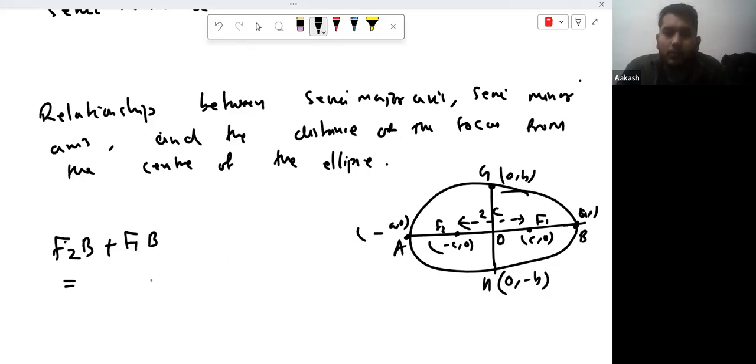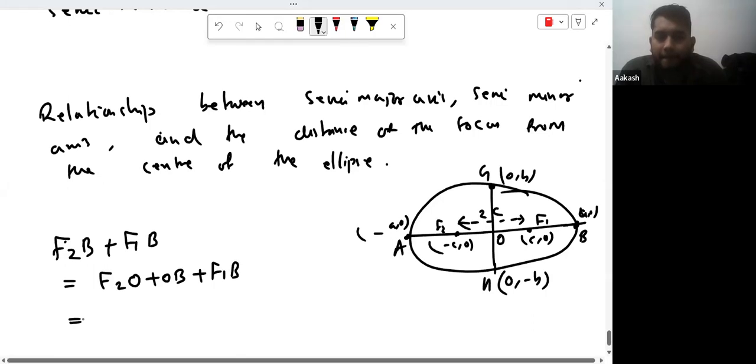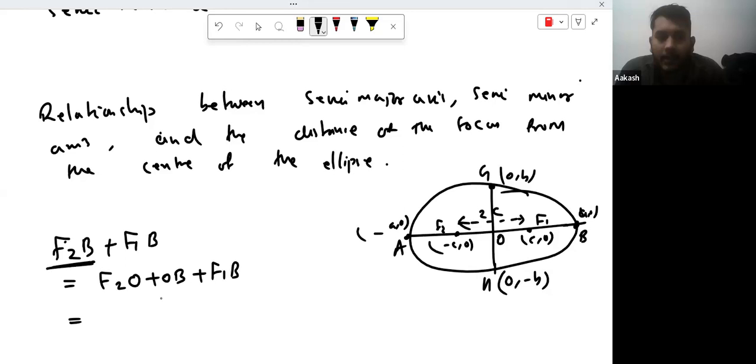See, from F2 to O, I can write F2B as F2O plus OB, right, and F1B. Isn't F1B inside OB? Right, but I'm writing F2B as the sum of this. Okay. Got it?